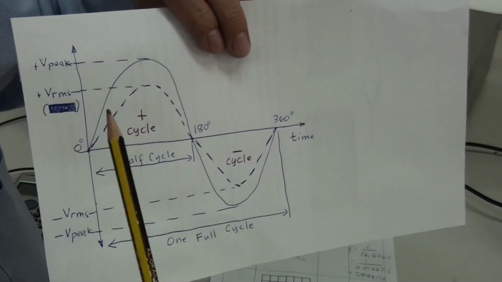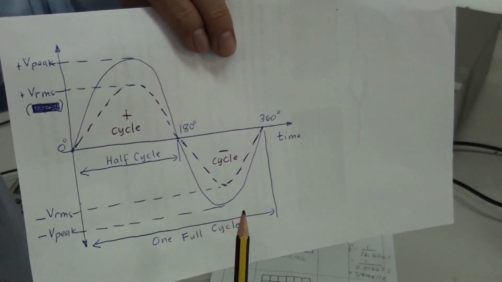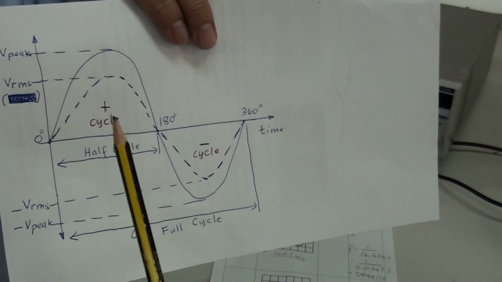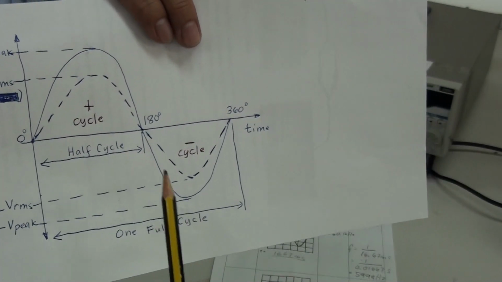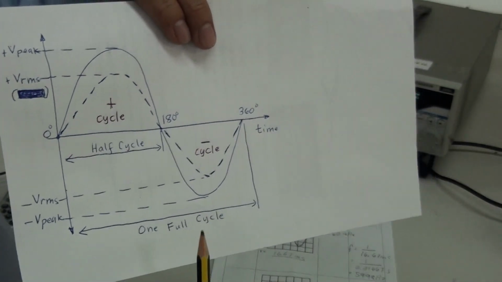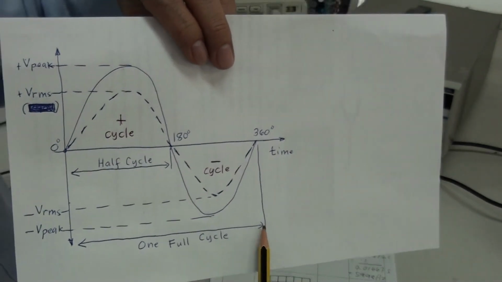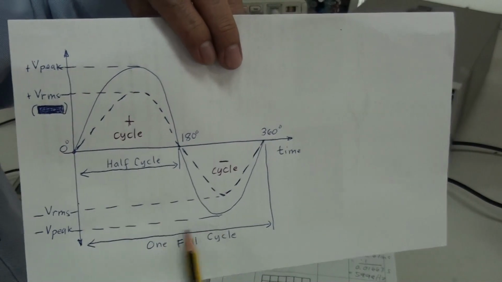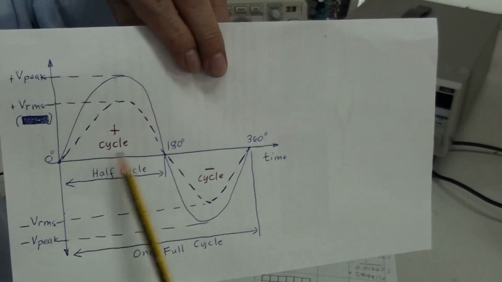Again, 100 hertz is the same as 100 cycles in 1 second. Is it clear? So we are going now to measure this time. What is the period for one cycle?